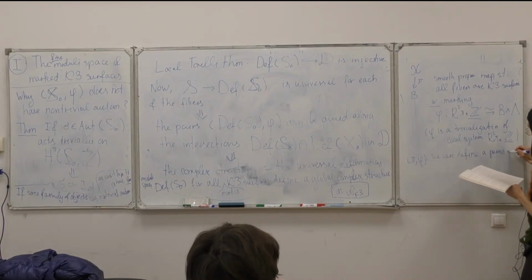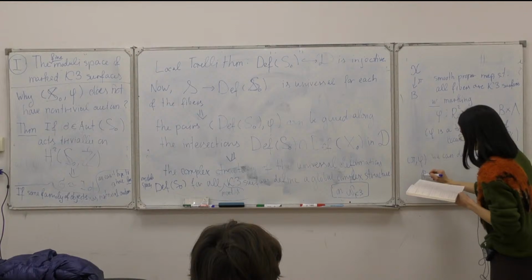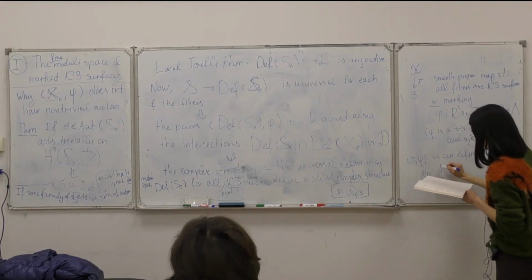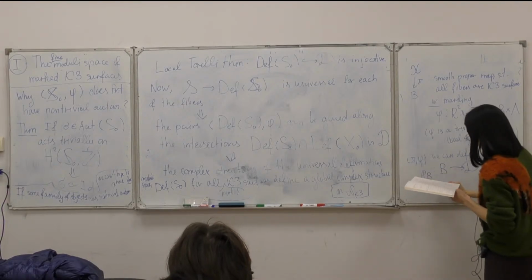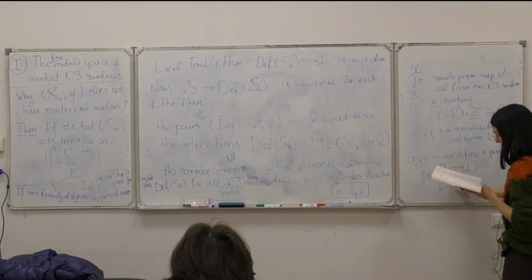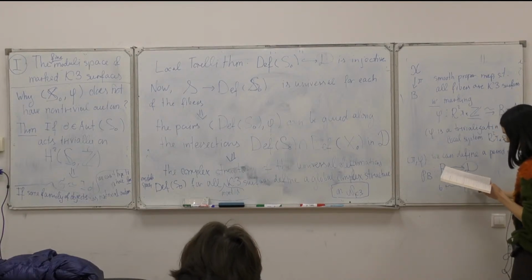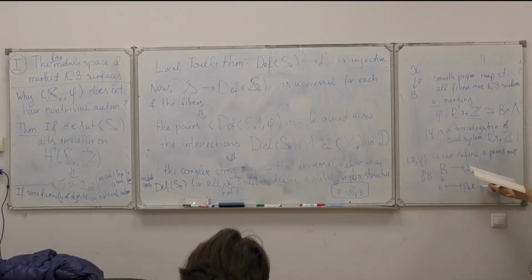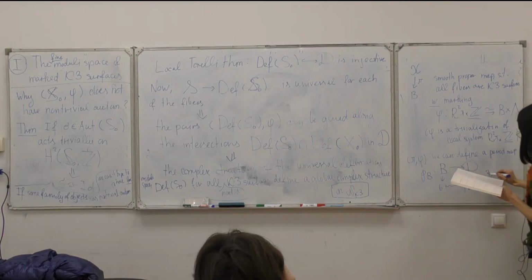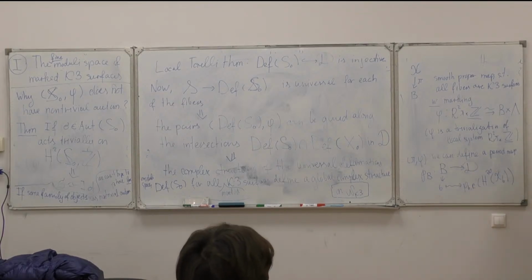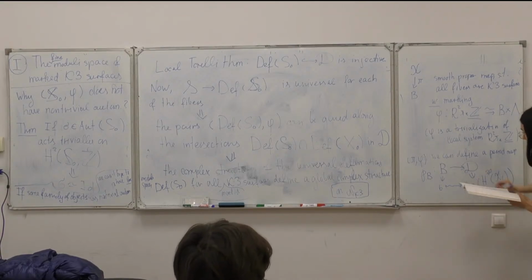To a point b we associate the image of the complexified H^{2,0}(X_b) in the period domain.